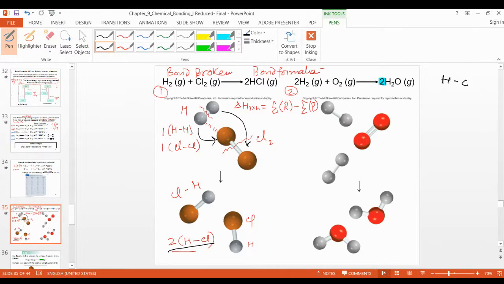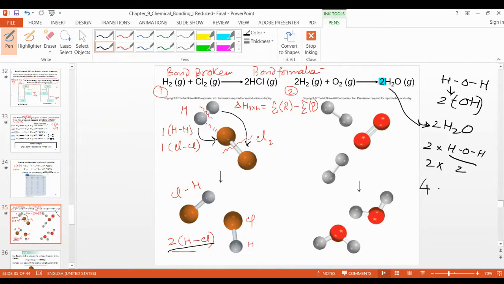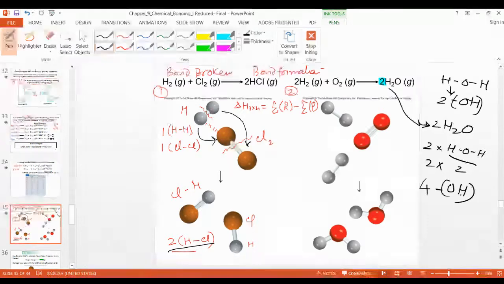This is water, so it has 2 OH bonds, right? If you have 2 H2O, so 2 multiplied by HOH, it means this is already 2. So 2 here multiplied by 2, you can write 4 OH bonds. Is it clear?